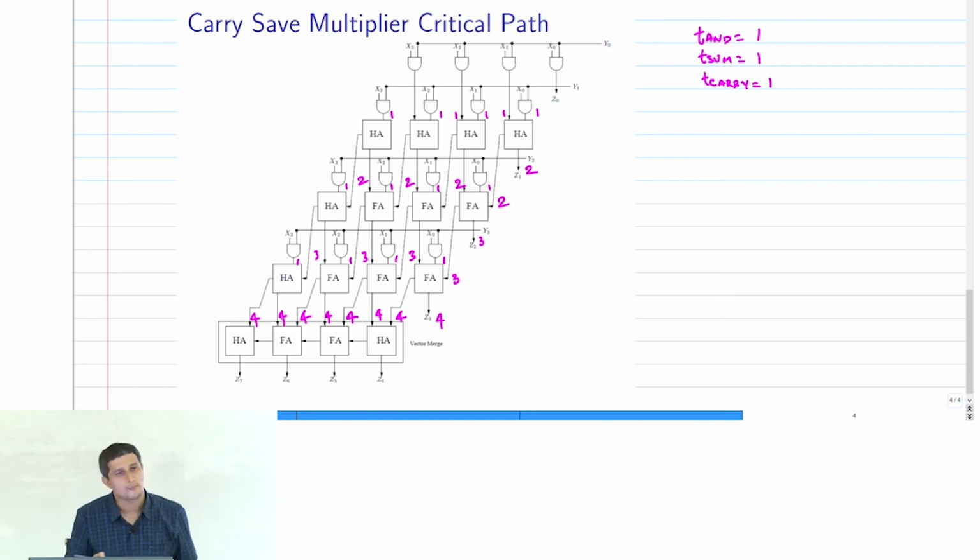So now we are going to propagate it to that final adder, which is basically a ripple adder. Right? So when will Z4 be ready? 5, Z5, 6, 7, 8. Right? Now I'll ask you, what is the critical path for this?